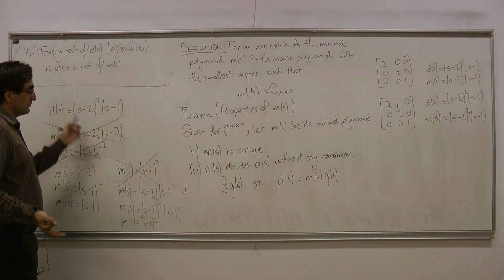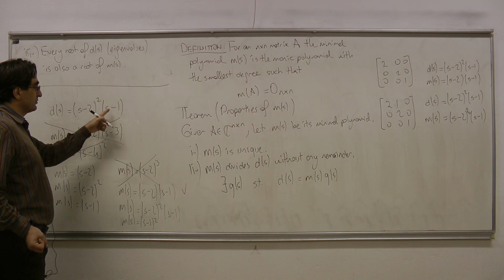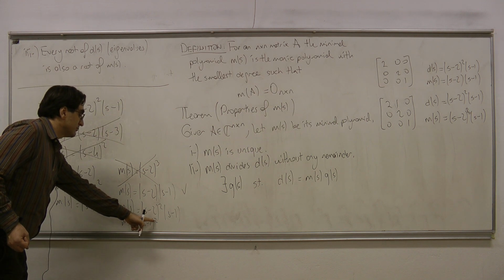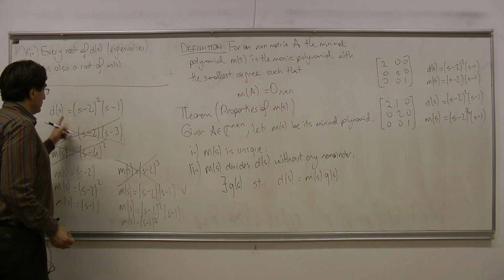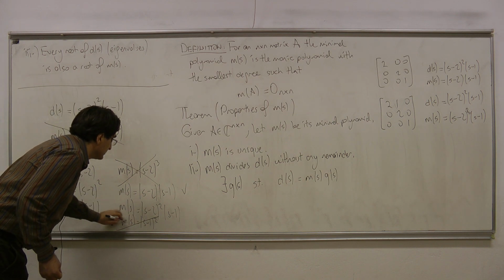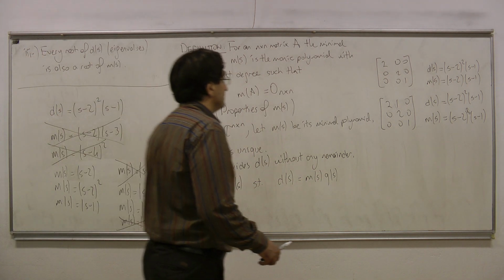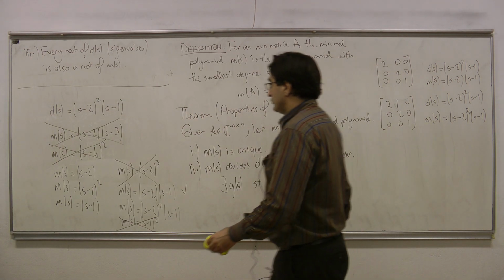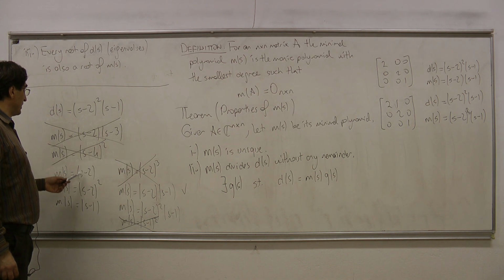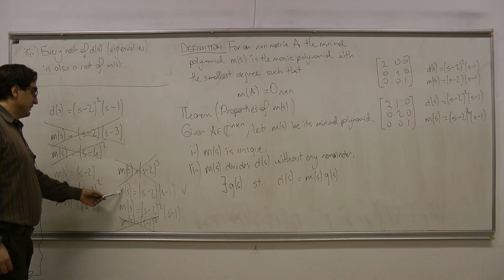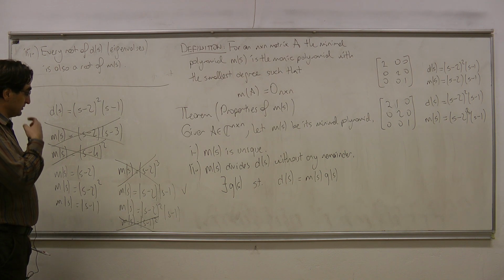In this case, this violates the second property, because the highest power of s minus 1 in d of s was 1, but this has power 2. So I cannot divide this d of s by this m of s without any remainder. So these violate the second property. Okay? So here, the ones that are not violating the second property are these three and these two. Okay? Is there any other?